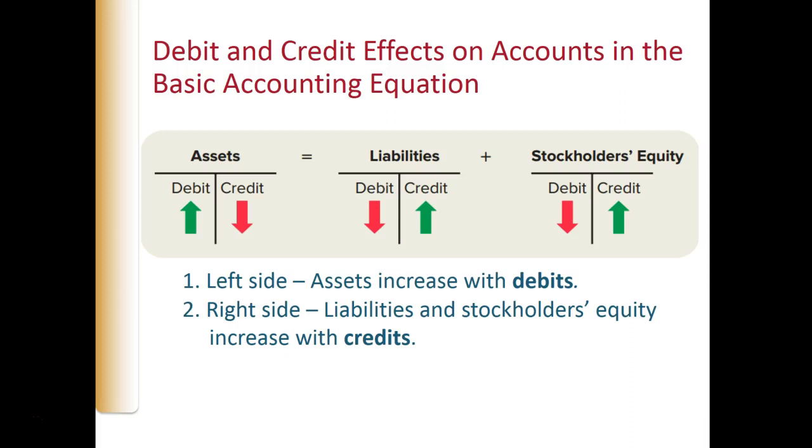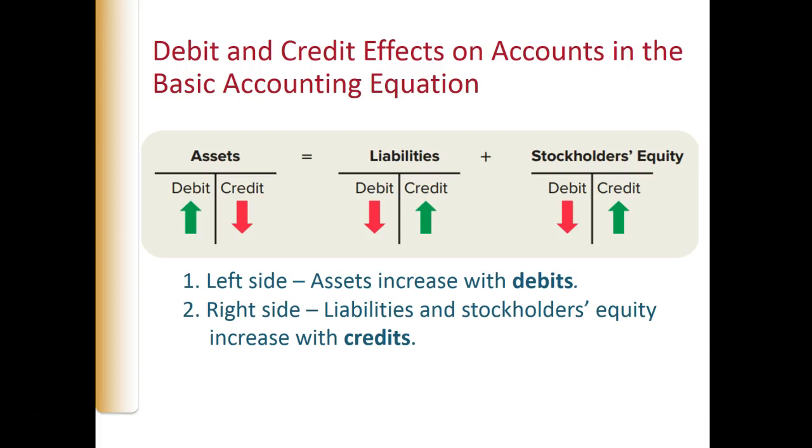So, assets. A normal balance of an asset is on the left-hand side, right? Which is a debit. The normal balance for liabilities and stockholders' equity is a credit, which means on the right-hand side.